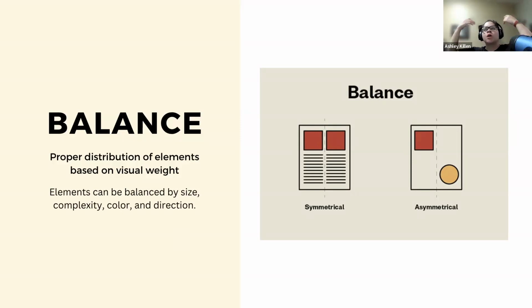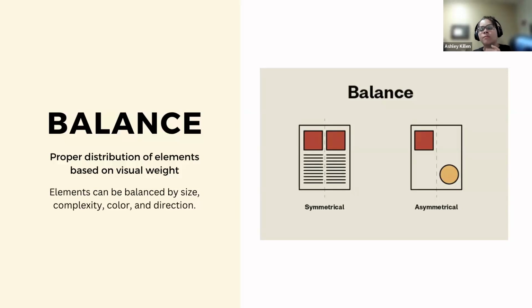So if you're putting the logo, which might be very large and has a lot of visual weight, maybe you put that at the top. Maybe you put the title right underneath that. Those two things are very heavy in terms of their visual weight.